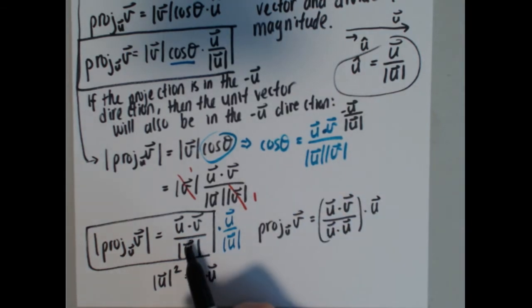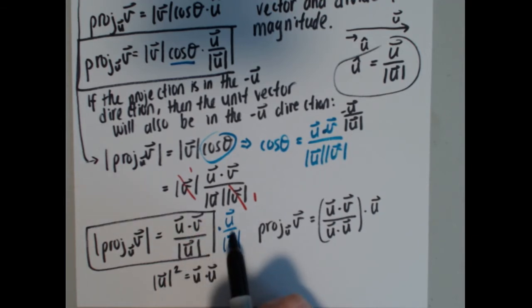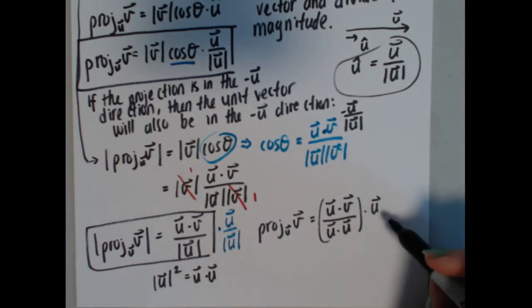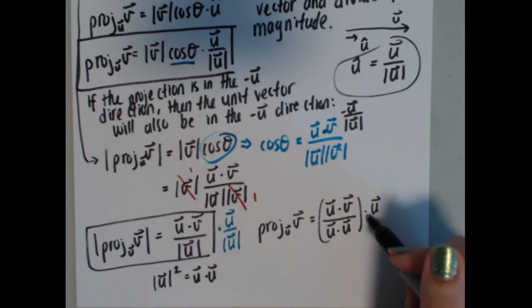Remember, here I have u dot v divided by u dot u. The dot product is a scalar, so that's a number. You take a number and divide it by a number, that's a number. You don't dot a number with a vector. You multiply. A number times a vector is multiplication. Dot product is for two vectors. So even though we're using the same symbol of a dot, we only say dot product when there are two vectors involved.